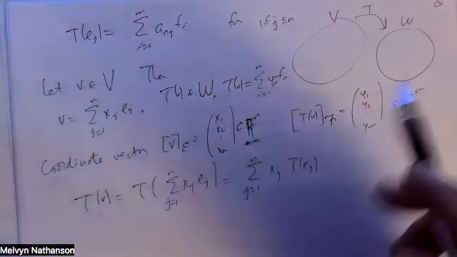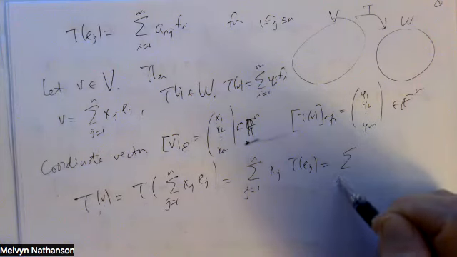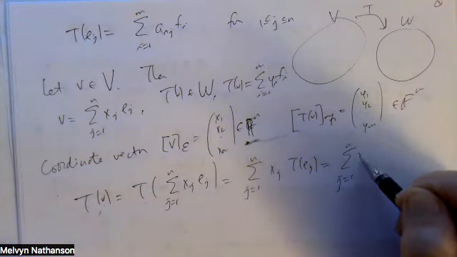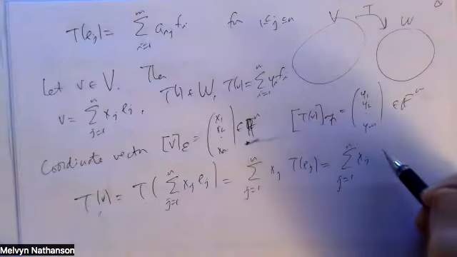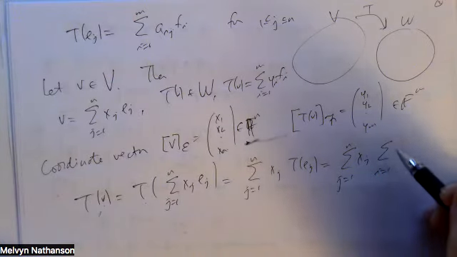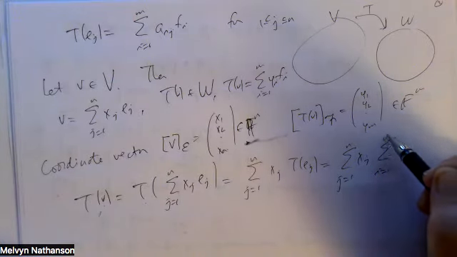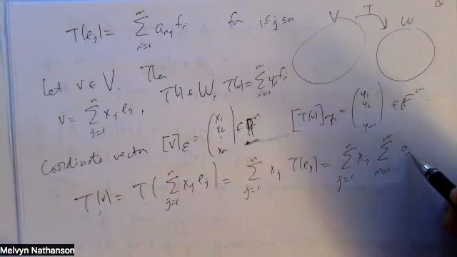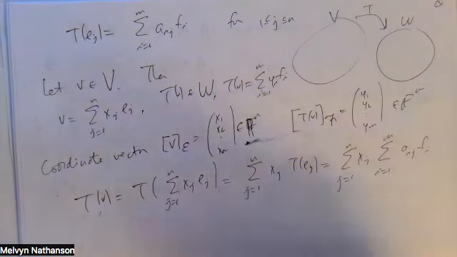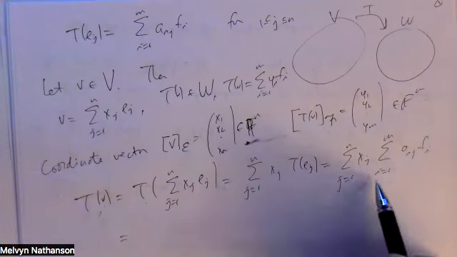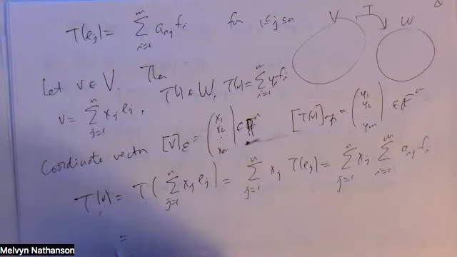Summation j goes from 1 up to n, x sub j. T of Ej is summation i goes from 1 up to m, aij, f sub i. We can interchange finite summations.